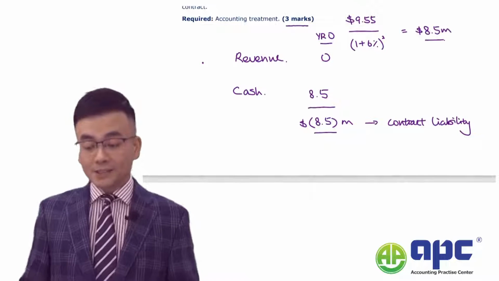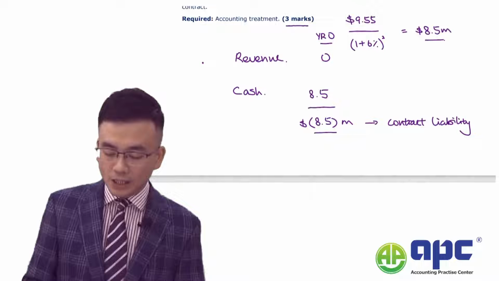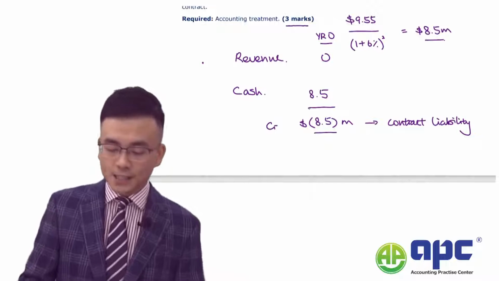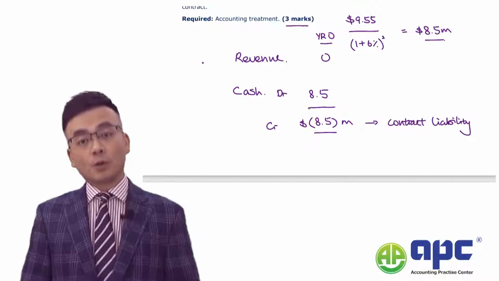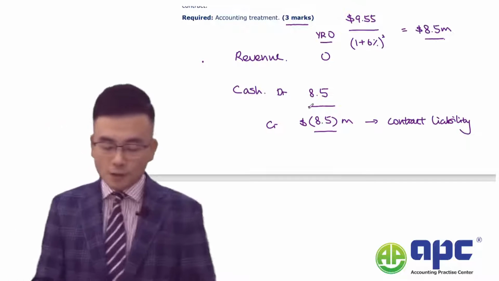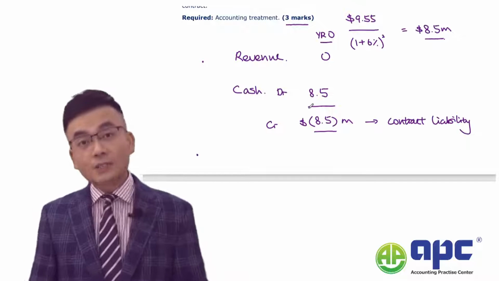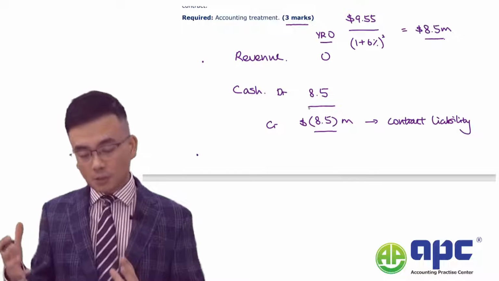So you can say that we will need to credit the contract liability and debit cash worth 8.5. And of course, for the contract liability, we'll also need to provide for the finance costs on a subsequent basis.